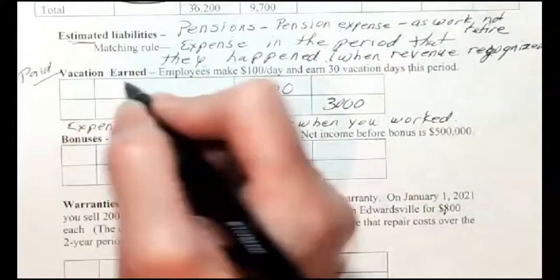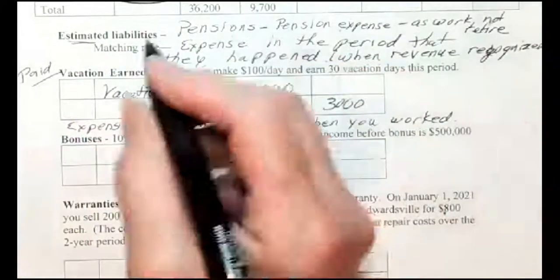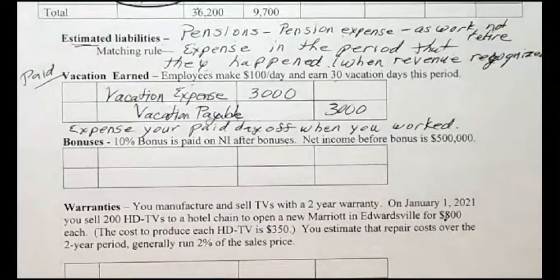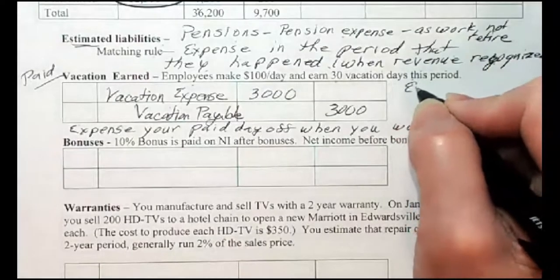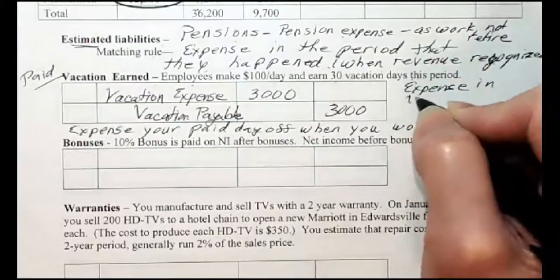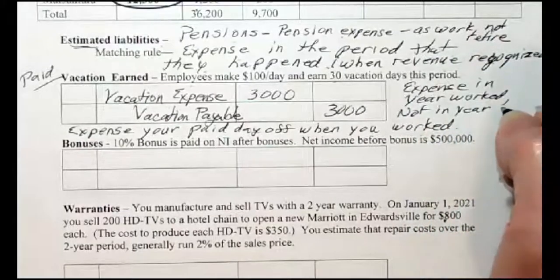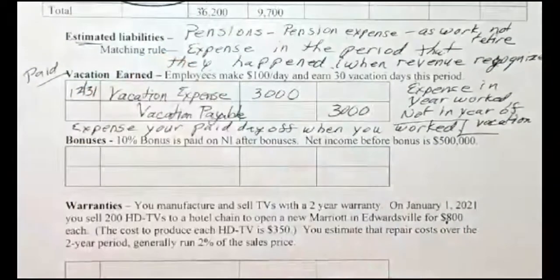I want to recognize the expense this year and vacation payable. It's a liability because I owe you, but I'm owing you days off. We want to expense in the year worked, not in the year of your vacation. Normally, this is just one of those adjusting journal entries.